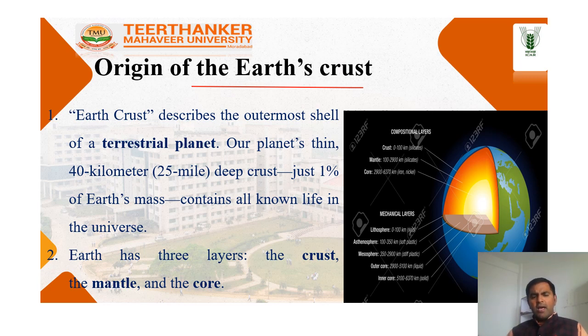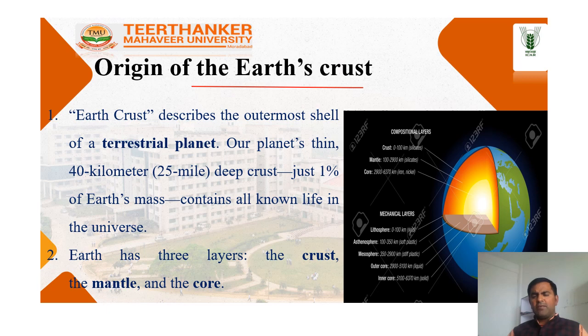And all the soils are derived from this planet, because this planet has solid materials, and the earth crust is obtained from these planets. That is why this is the most important.